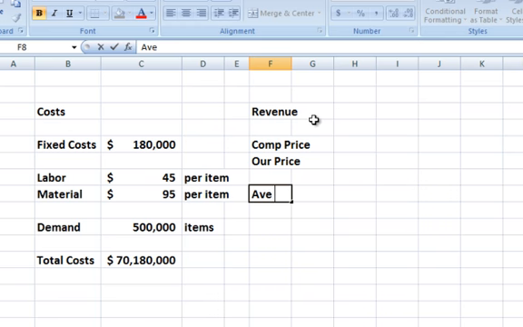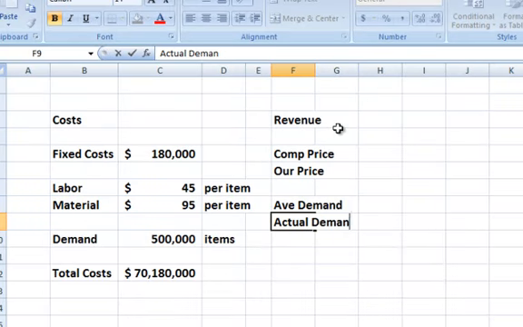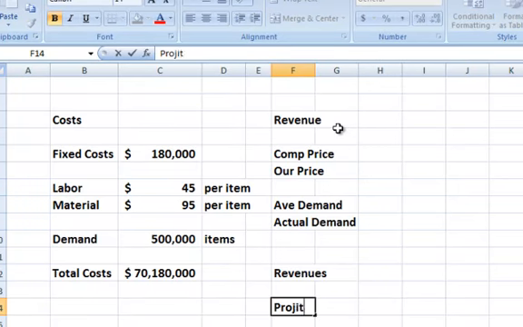I'm going to say the average demand, and then what it actually is going to be. You'll see later why we need it separated into two spots. Then we'll have our revenues, and of course our profit, which will just be revenues minus total costs.